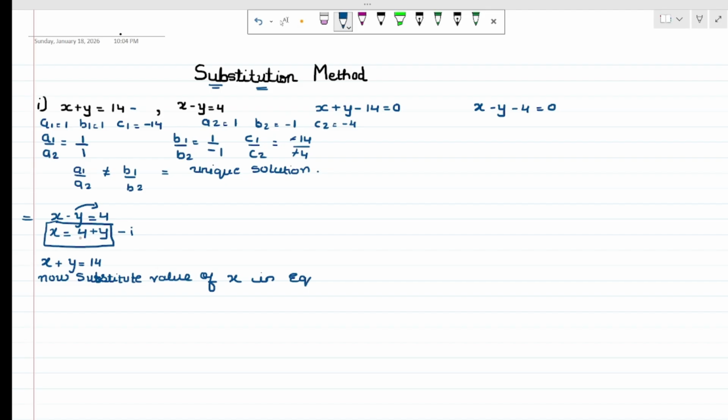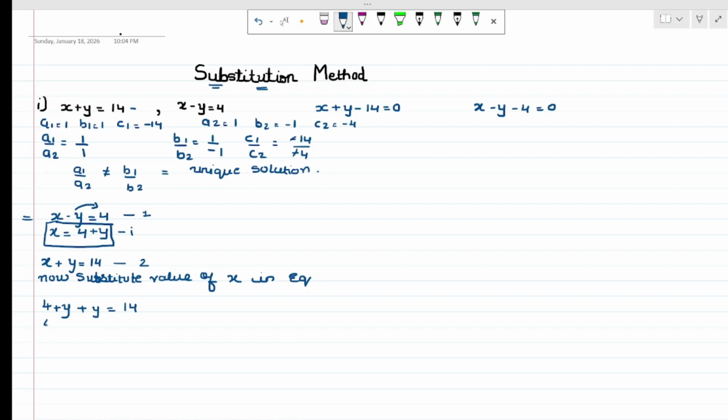You are substituting the value of x in your second equation. This is my first equation and this is my second equation. I am substituting my value of x in the second equation. So wherever I see x, I will directly write 4 plus y because my x is equal to 4 plus y. Now continue the same equation, which is plus y equals to 14.